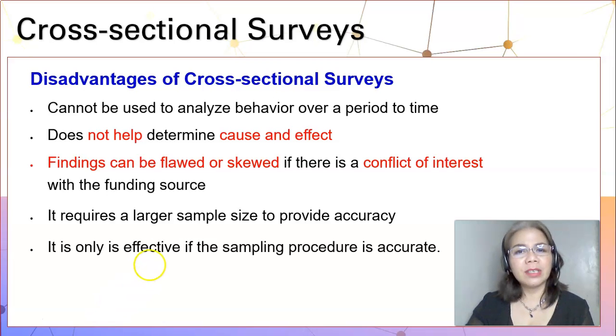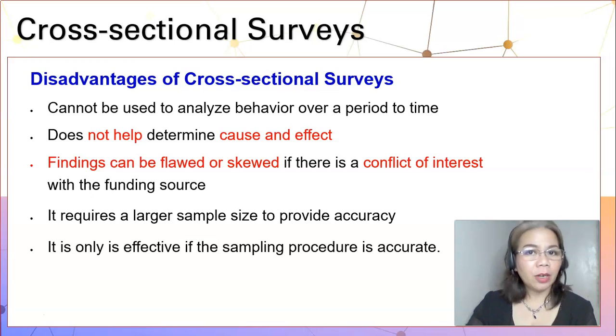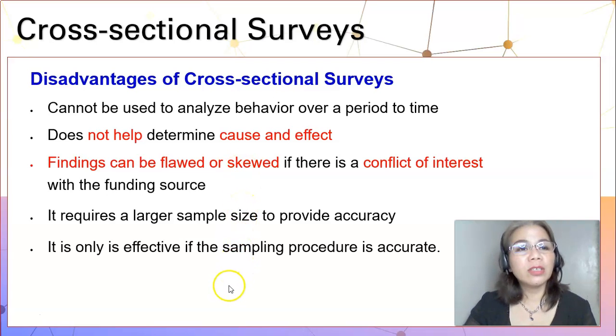And if the research is funded by a particular group or by politics, it is likely that findings can be flawed or skewed if there is a conflict of interest. And a cross-sectional survey also requires a large sample to provide accuracy, and it is only effective if the sampling procedure is accurate. So these are the basic concepts of cross-sectional survey.